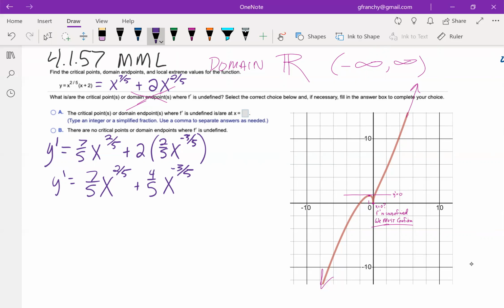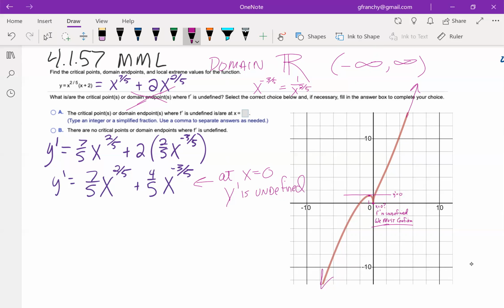And just a quick thing that we should remind ourselves about is that x to the negative 3/5 could be written as 1 over x to the 3/5. And it's this that lets us know that at x equals 0, the derivative is undefined.